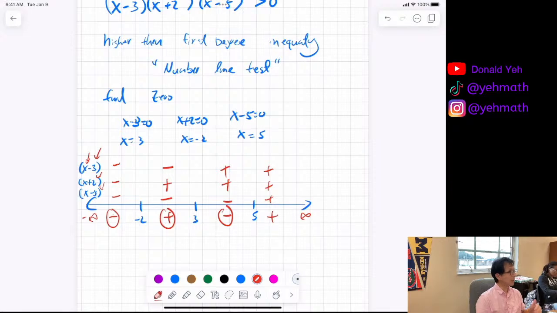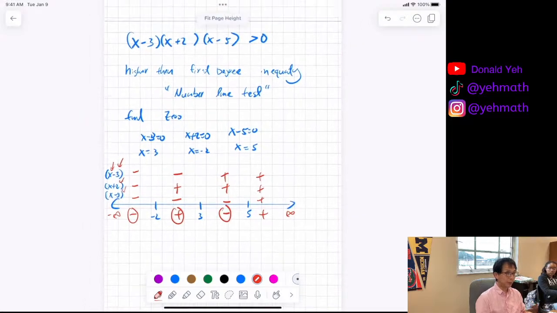Now this number line test does not represent the answer. The number line test told you where the answer is. So where do you think the question is? What's the most important part of the question? Yes, Annika? Greater than zero. Good.